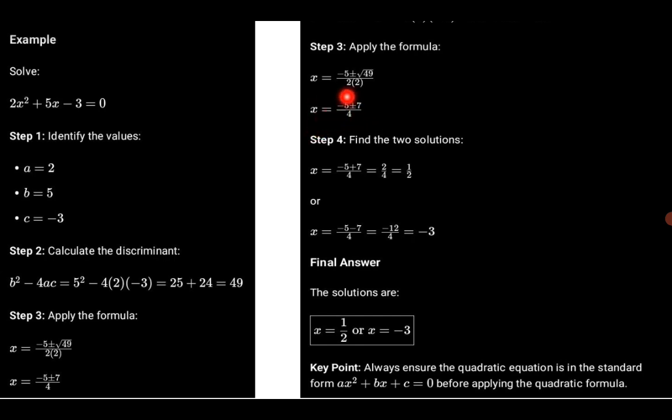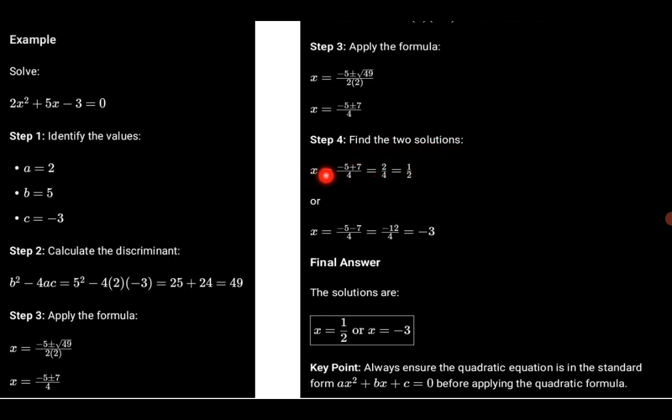So simplifying will give us something like this. The plus or minus sign indicates that there are two possible solutions. And because the discriminant is greater than 0, it means the equation has two real solutions.